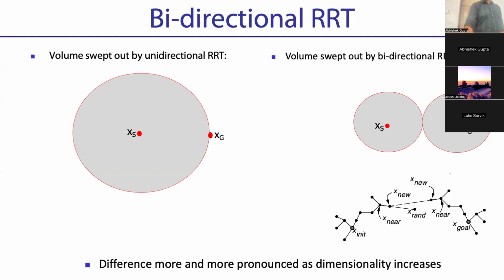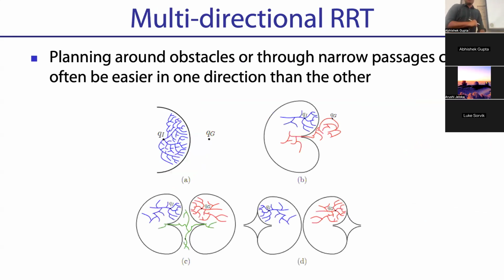And this becomes more and more of a problem as you imagine this sphere in n-dimensional space. This becomes a much bigger deal in n-dimensional space. But you can go from there to multi-start RRT rather than bidirectional RRT, you can do multi-directional RRT. Here's an example with narrow passages, right?